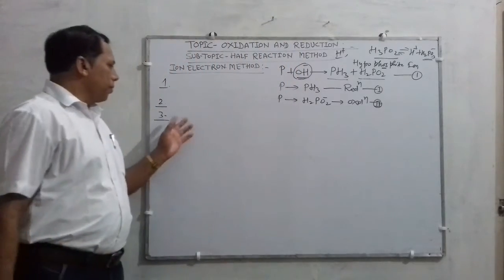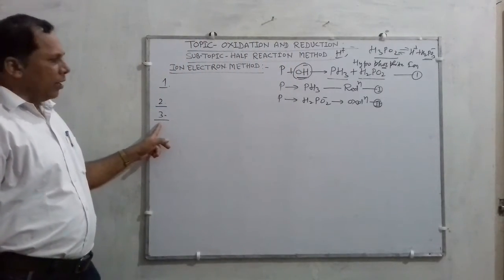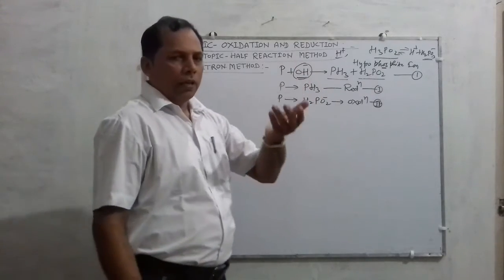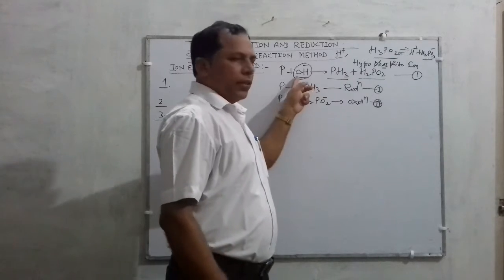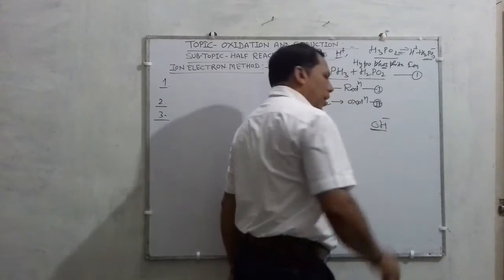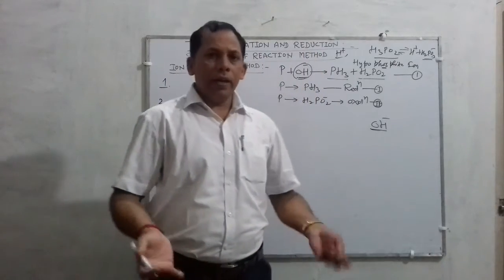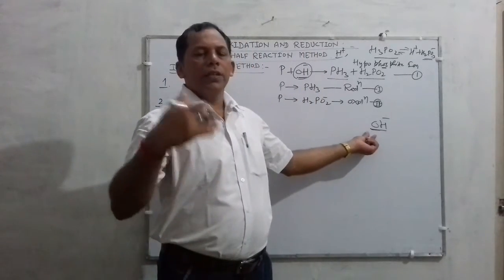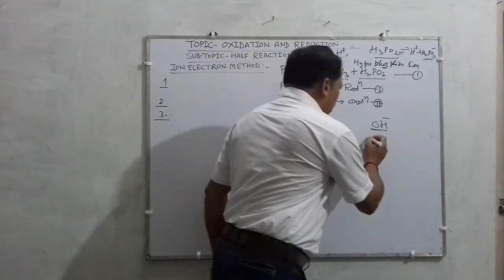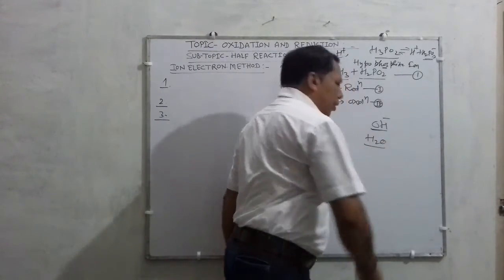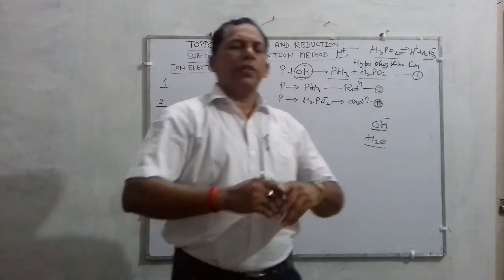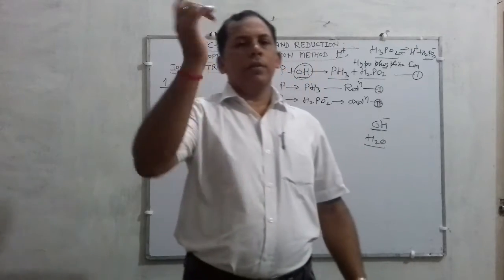The hydroxide ion is added where the number of oxygen atoms is least, and H2O is added on the side where the number of hydrogen atoms is least.